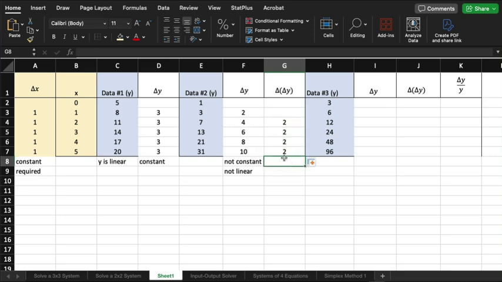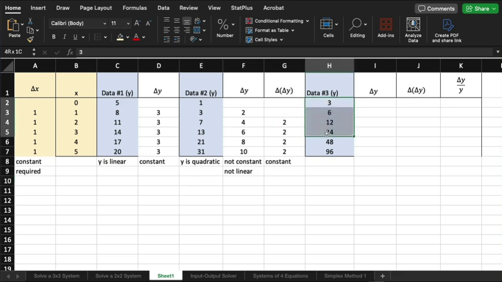And yay, that is constant. So when the change in delta y is constant, then we know that y is quadratic over x. But you have to start with delta y not constant, and then the change in delta y is constant, and that tells us that we have a quadratic pattern.